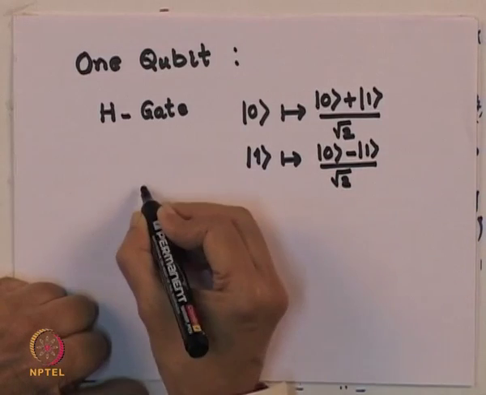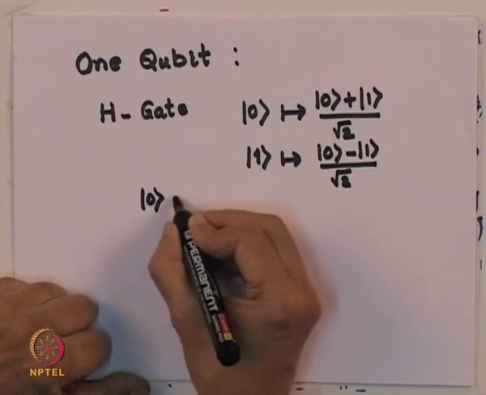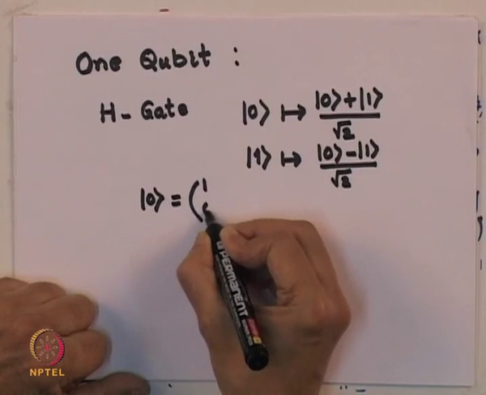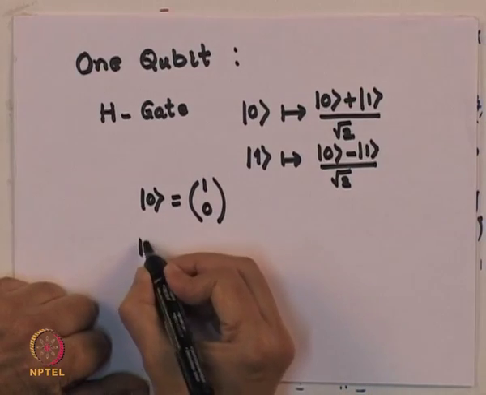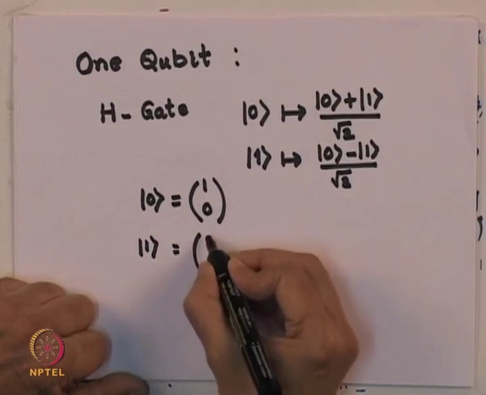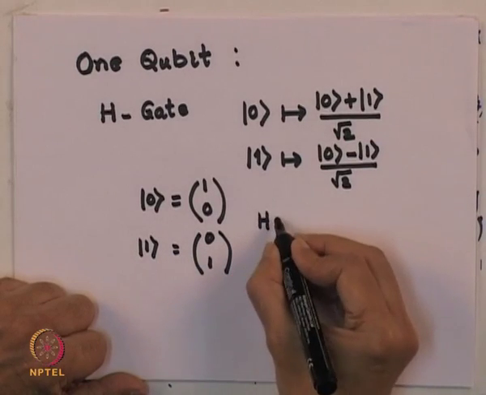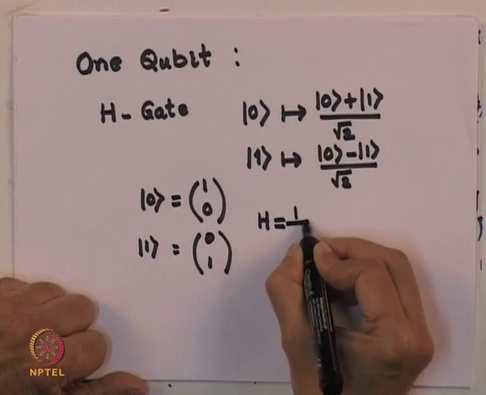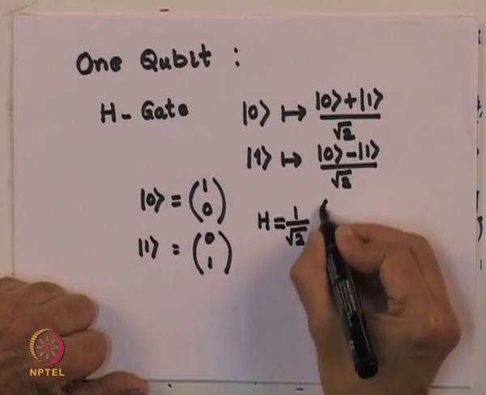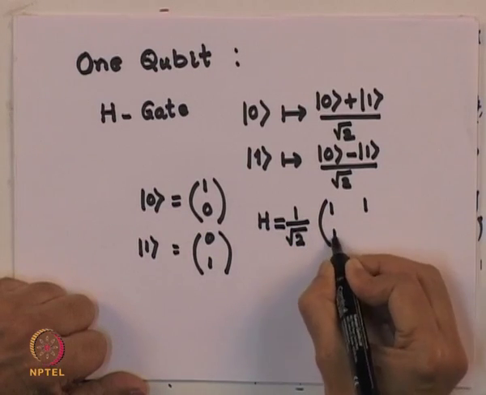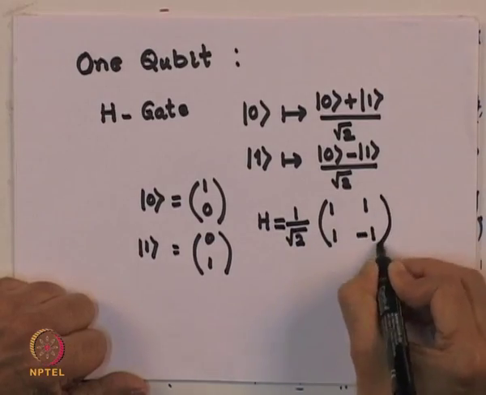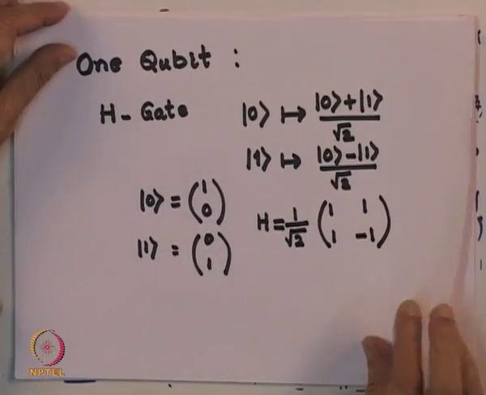With our matrix representation, 0 being given by 1 0 and 1 being given by 0 1, the representation for the Hadamard matrix is 1 over square root of 2, times 1, 1, 1 and minus 1. So this is an important gate which acts on a single qubit state.